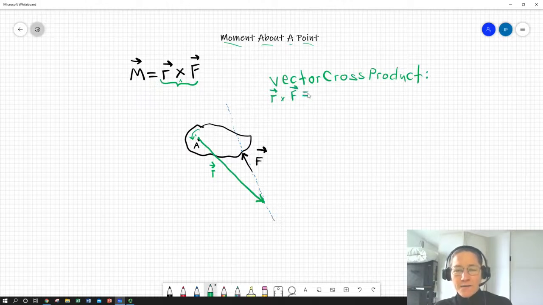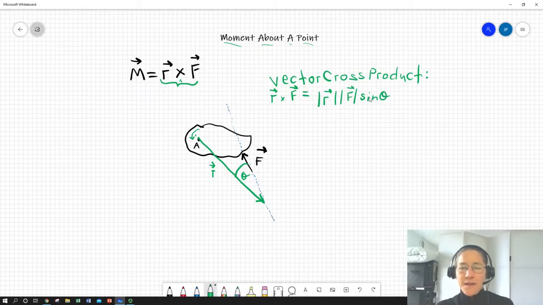So R cross F can be defined as the magnitude of vector R times the magnitude of vector F times the sine of the acute angle between them. RF sine theta.